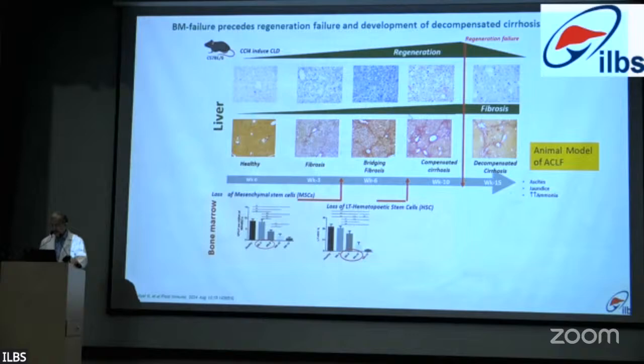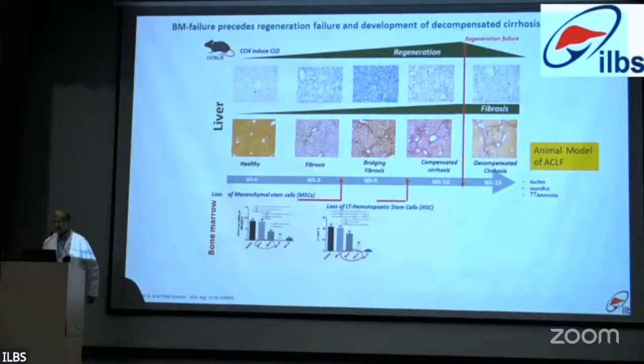While the fibrosis is progressing, regeneration also progresses. But over a period of time, by week 6 or so, the long-term hematopoietic stem cells start declining. MSCs start declining even by week 3 to 4.